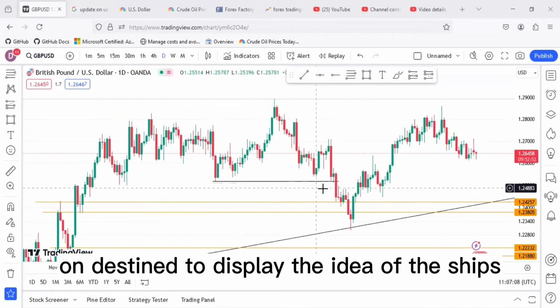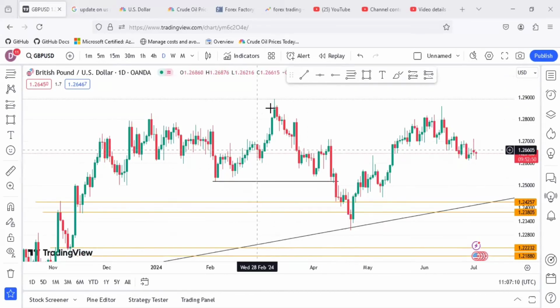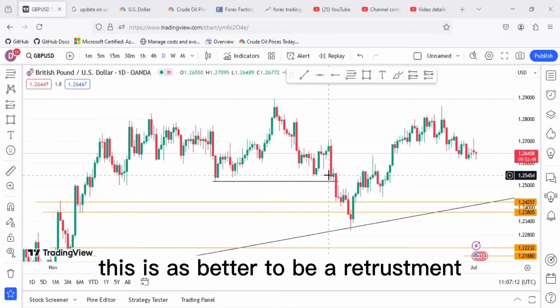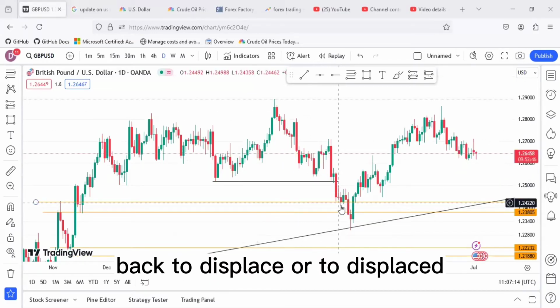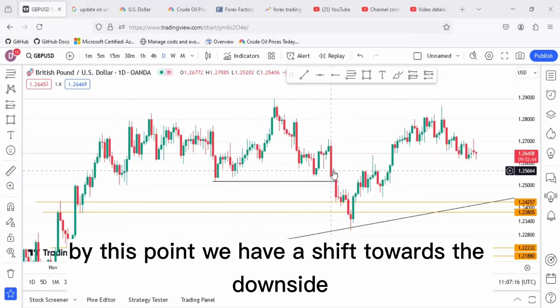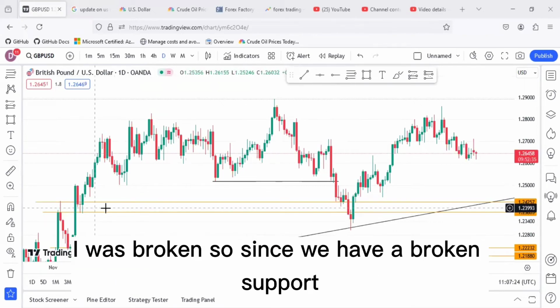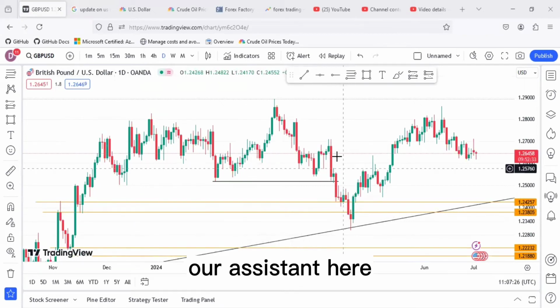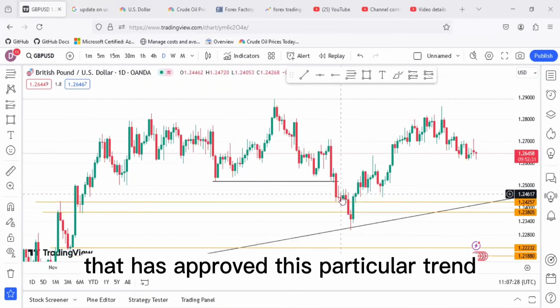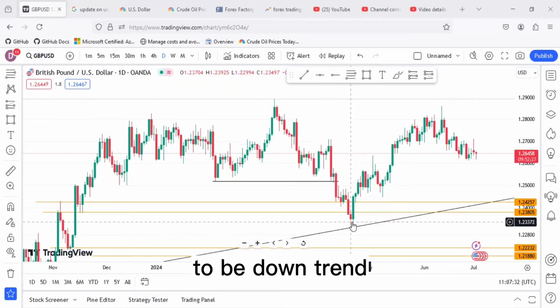But on getting to this place, there is a shift. This is expected to be a retracement back to this place or to this place. But at this point, we have a shift towards the downside. And also the support and resistance here was broken. So since we have a broken support and resistance here, that has proven this particular trend to be a downtrend.